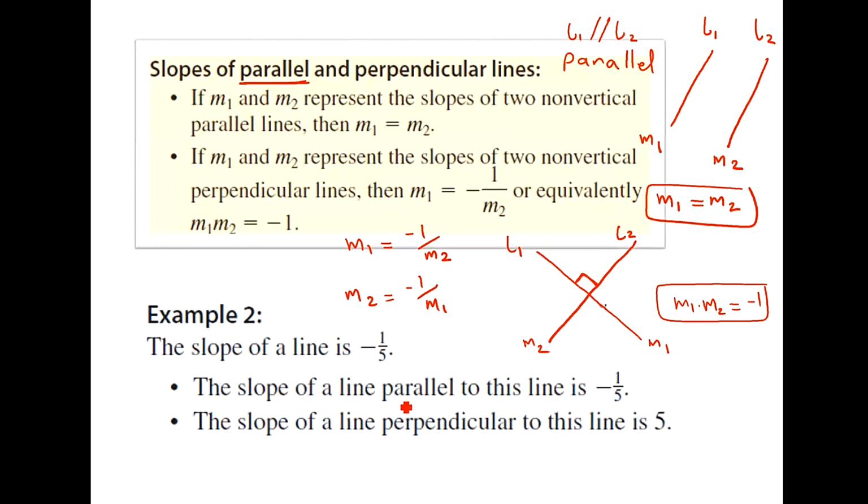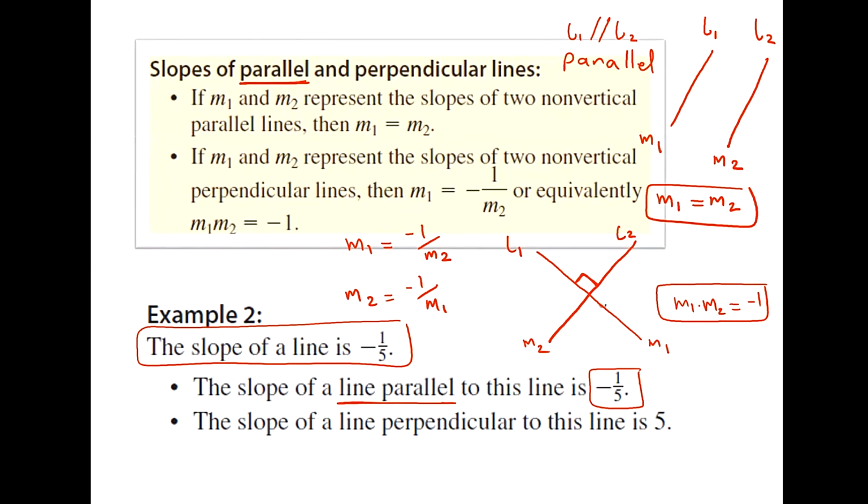Look at this line parallel to this line. If we have a line with slope -1 over 5, the slope of a parallel line is the same, -1 over 5.